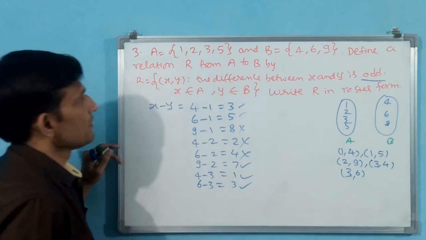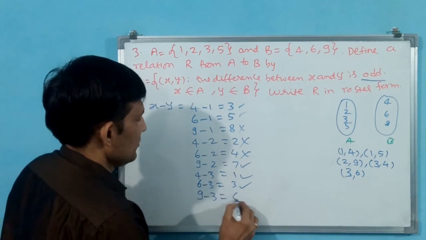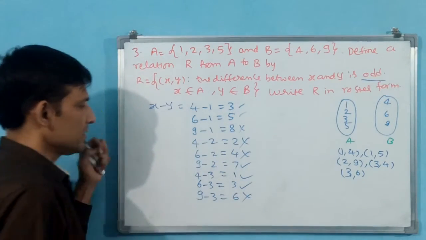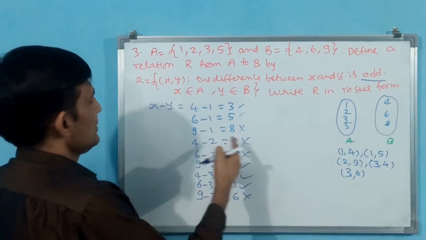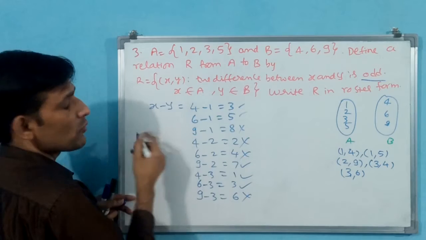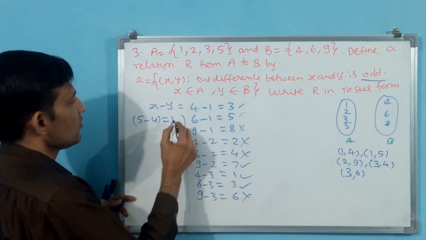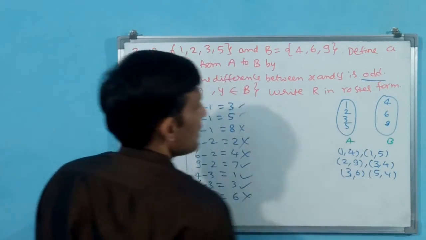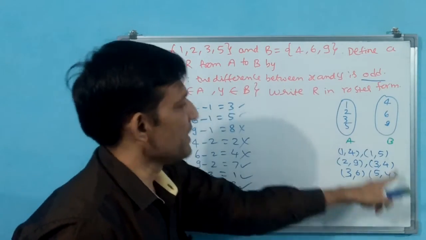Then 9 minus 3 is 6. No, this is an even number. We want an odd number. Okay, this relation doesn't form. Let us see 5. Now 5 minus 4 you have to make. 5 minus 4 is equal to 1. Yes, okay. That means 5 comma 4 only will come. Why? Because x is the A element, y is the B element.